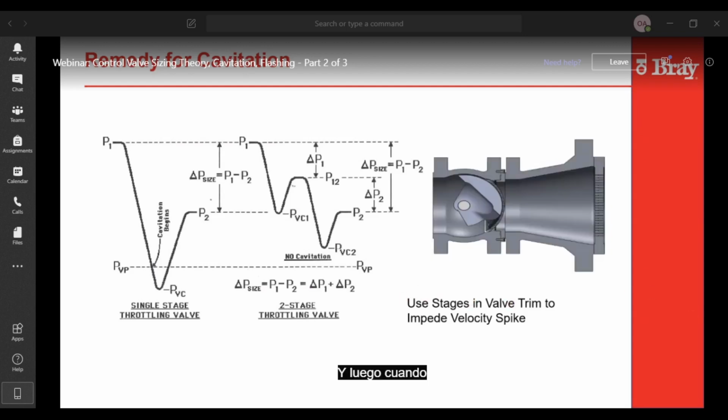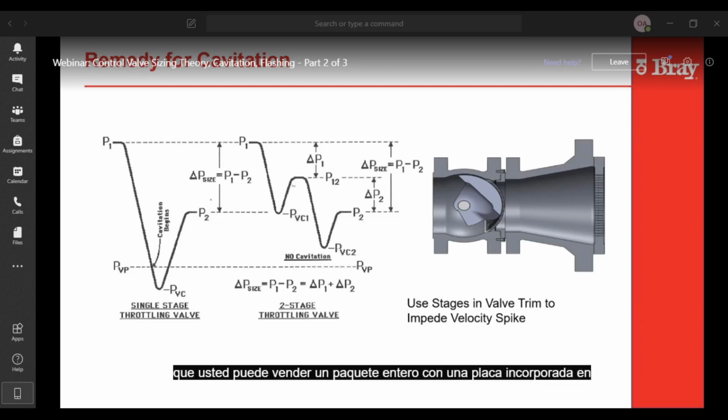They're almost infinite. It gives the valve designer a lot of room to create all sorts of different flow patterns. And then when you get into larger valves, you can actually put a downstream plate as part of the valve body or valve body system. So you can sell a whole package with a plate built into the valve body as a solution. So it's basically accomplishing the same thing.